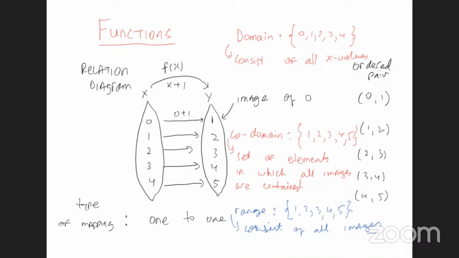I want to explain the difference between range and codomain, right? The codomain is like where all the images come from. In this example, we can't differentiate between them because the codomain and the range are the same. But I'm going to show you an example where the codomain and the range are not the same, and then you'll understand what the range is and what the codomain is.